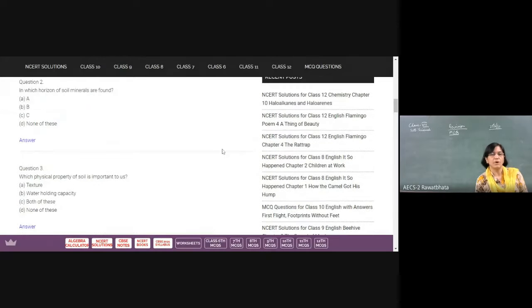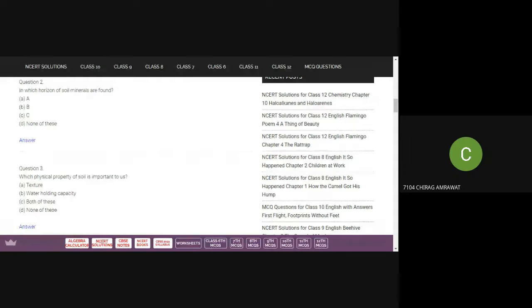And question number 2 now. In which of the horizon soil minerals are found? Minerals are found in which horizon? Horizon A, B, C, none of these. Chirag, yes, ma'am.